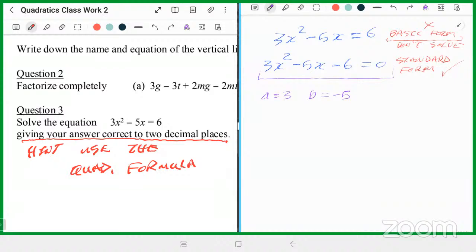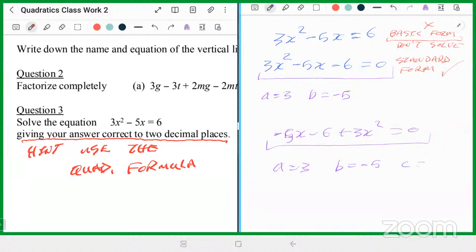Even if I rearrange these values and write it as minus 5x minus 6 plus 3x squared equals 0, the A would still be 3 because it is the coefficient of the x squared, even though the x squared is now shown third. The B would still be negative 5, even though it appears first, because it is the coefficient of the x.